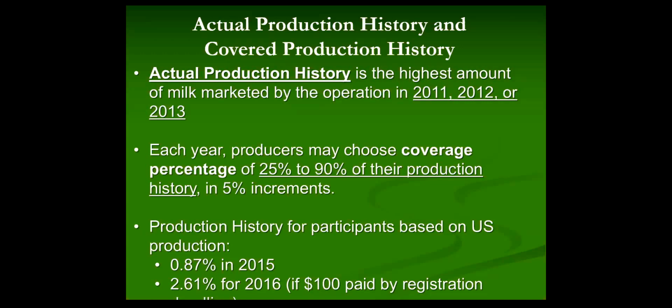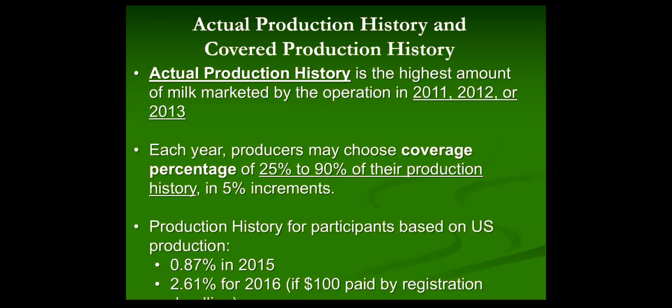If you participated in the 2015 year at any level, even the $4 level, you'll get a 0.87% increase, and that's the increase that occurred on the national amount of milk that was shipped or produced for the 14 year, for the 15. And then in the 2016 year, there's a 2.61% increase for the 16 year if you participated.